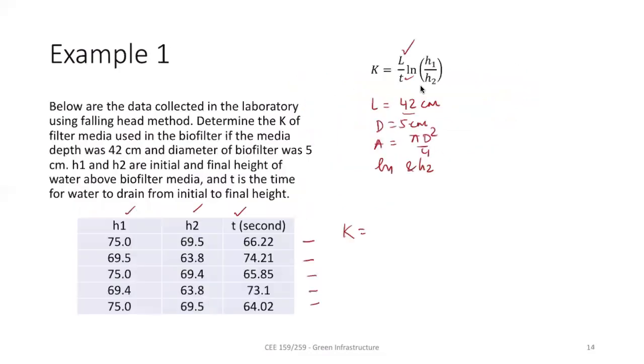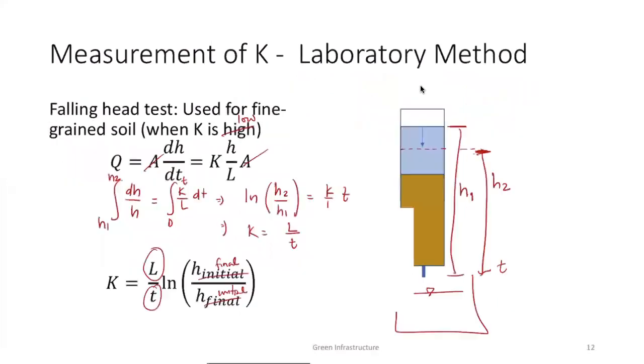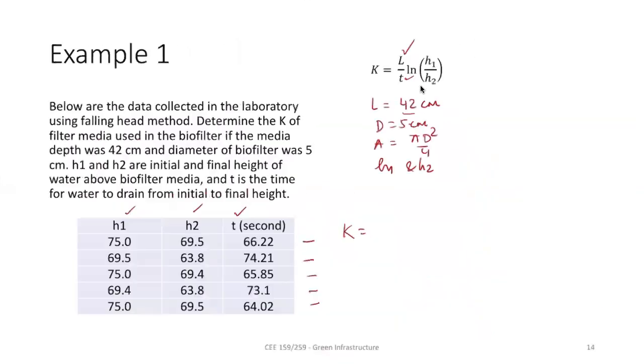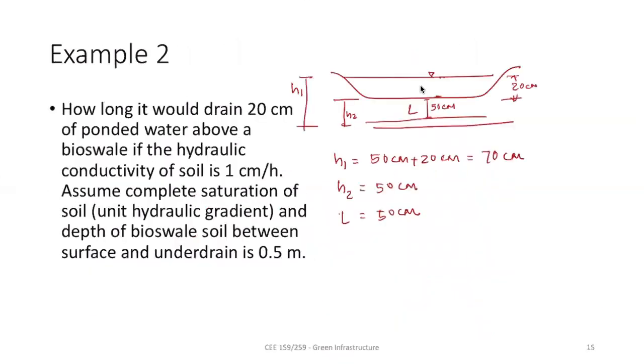The falling head method equation is K equal to L over T times ln H2 over H1. So if you write that here, K equal to L over T ln H2 over H1, time would be L over K ln H2 over H1.